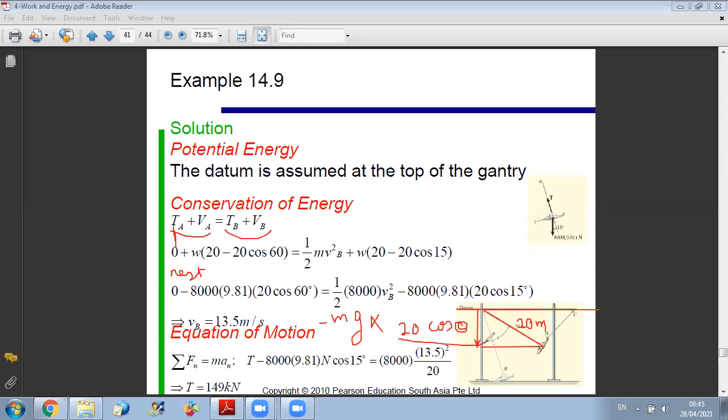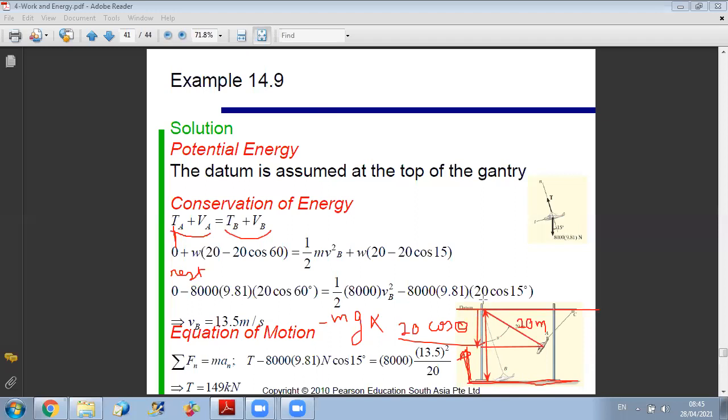Okay? Now, here in their reference, instead of taking this reference, they considered the floor as a reference. If you want to take the floor as a reference, it's also right, but then you will have a positive potential, equal to plus mg times this distance, and this distance is the difference between this part, which is 20, because when the cable is at 0 degrees, it will be this height, this should be given in the problem, it should be clearer.